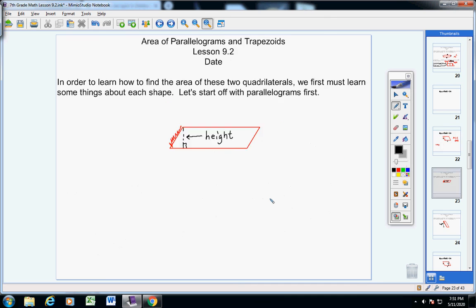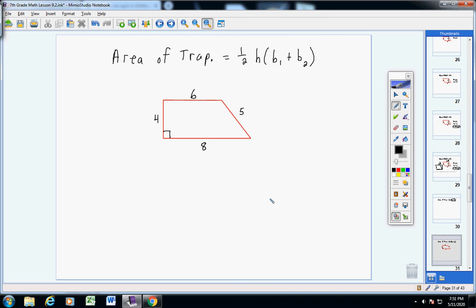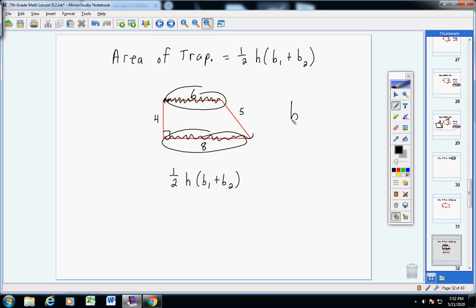So with that in mind, my two parallel sides, and hopefully you can look at this and tell this side here is parallel to this side here. So these two sides are my two what? Bases. Okay, so here I'm going to put a 6, and here I'm going to put an 8.